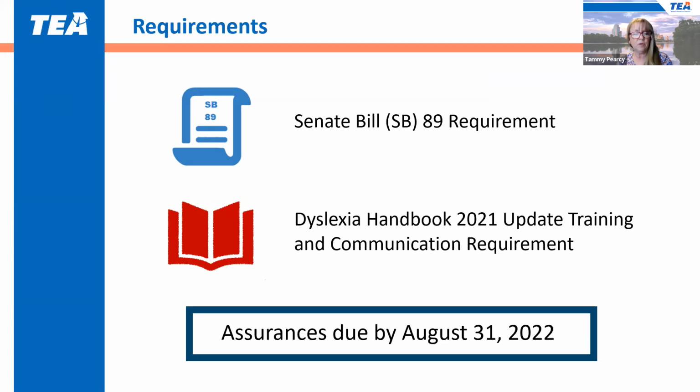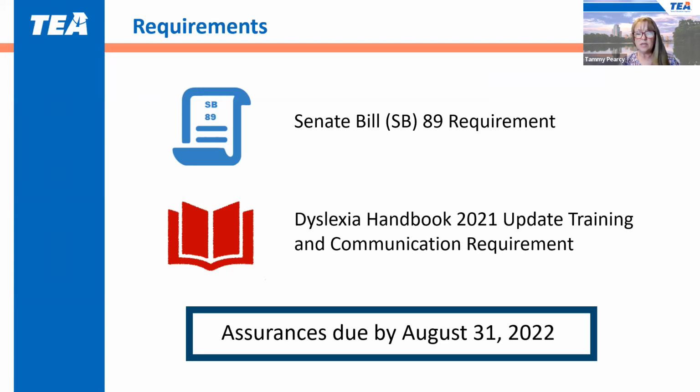Then we're asking for your assurances that those requirements have been met, no later than August 31st. Again, the due date for the supplement or the written statement in the child's IEP is May 1st of 2022, and the assurances that you will make through the legal framework that has been reviewed and completed will be by August 31st.